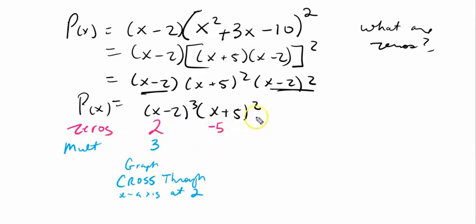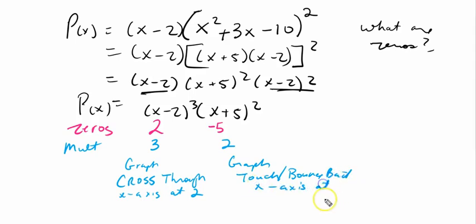Now what about negative 5? It has multiplicity 2. Since the multiplicity is even, the graph is going to touch and bounce back off the x-axis at negative 5.